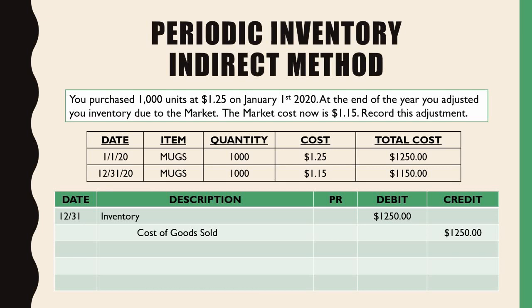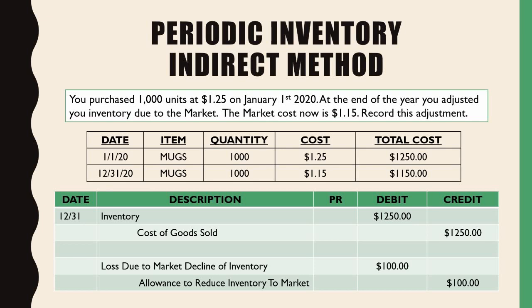Then I'm going to introduce a second journal entry to adjust my inventory by $100 by creating a loss due to market expense account. With that, I'm going to create a contra account to temporarily place my inventory accordingly. So I would put my difference of $100 there. And this is under the periodic method.